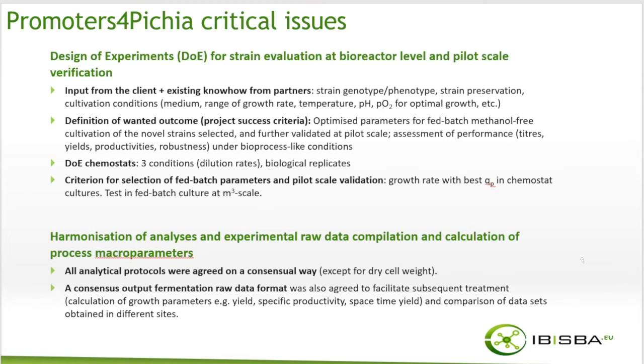You don't see here all the work that was done, but there was a lot of back and forth interaction between the two partners to agree on protocols, transfer protocols and know-how from one partner to the other, and also agree on the data formats.